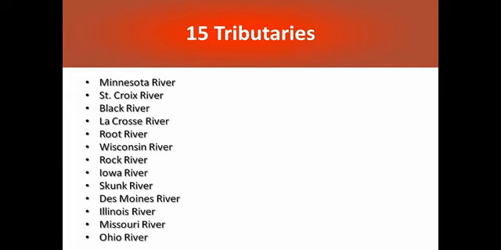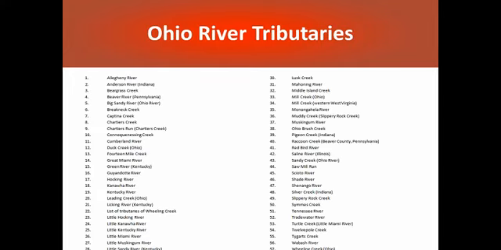I could not find anyone that had the answer of how many total rivers and tributaries fed into the Mississippi. So I went and I found the tributaries to the Ohio River. Turns out there are 58 lakes, rivers, creeks, you name it, that feed into the Ohio River alone. So if you're running the math on that, there's 15 sources for the Mississippi River, and there's 58 sources for the Ohio.